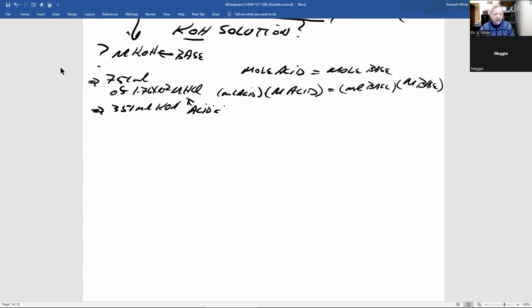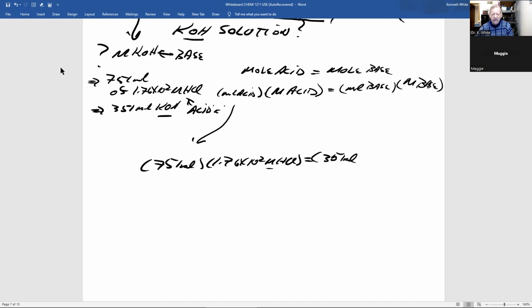So now I'm going to milliliters of acid, 751 milliliters. Molarity of base, equal, molarity of acid should have been here, times the milliliters of base.